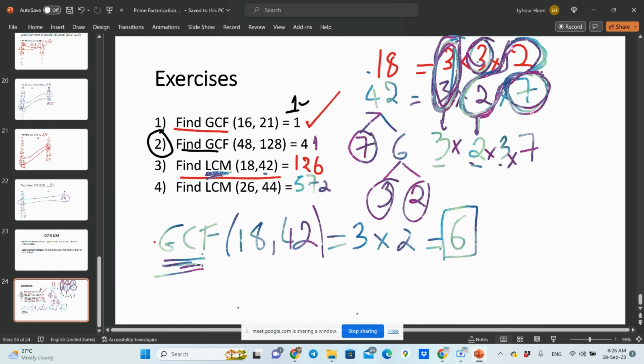So for LCM, it will be 3 times 2 times 3 times 7. For LCM we take everything, but if we have one common pair, for example this 3 and 3, we only take one term, which is only one number 3.